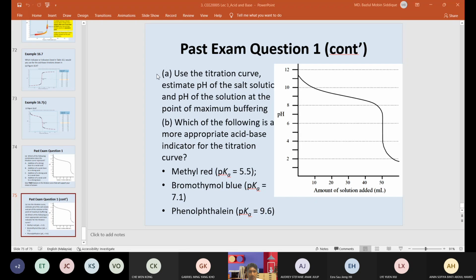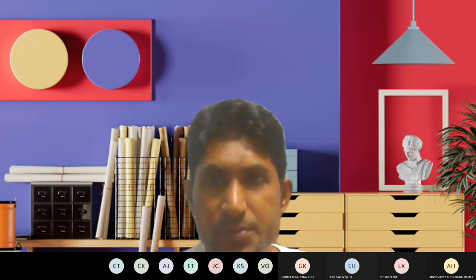Please go to the Menti question, mentimeter.com, and then use this code. This is not about acid and base, but this is about Lewis structure. Then vote. The vote will be closed in 2 minutes.